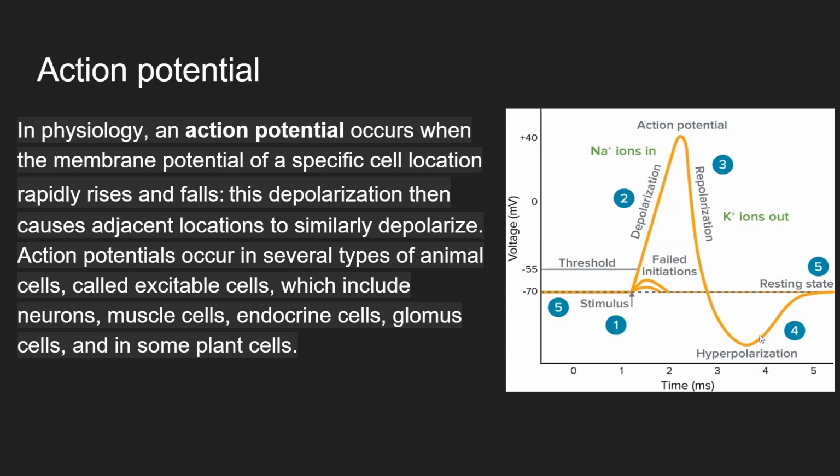Number four is hyperpolarization, a lowered membrane potential caused by the efflux of potassium ions through the potassium channels. Number five is the resting state, when the membrane potential returns to the resting voltage that occurred before the stimulus occurred.